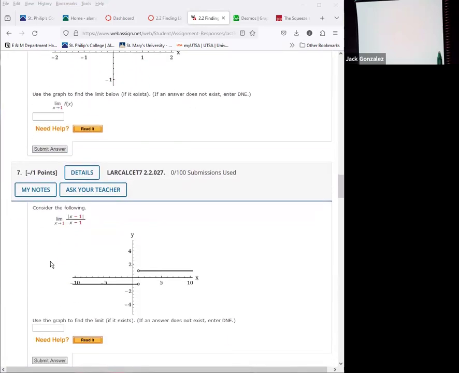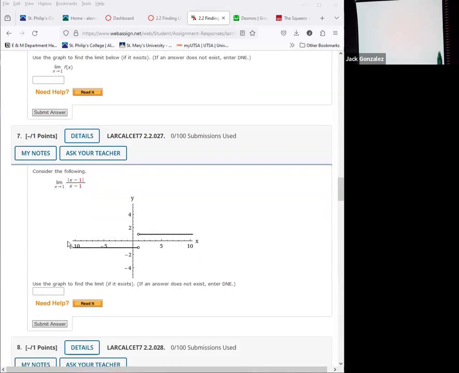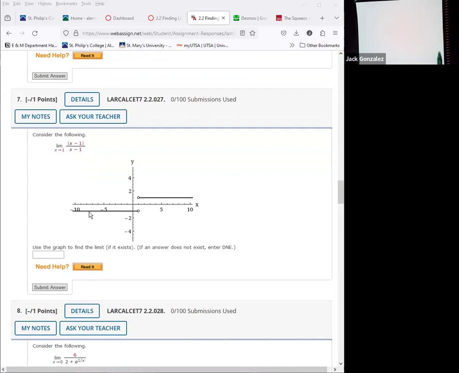All right, so you guys tell me on this one. What's the limit going to be? It's going to be 1. Let's see. Do we approach from the left? The 1 is right here for the x value. Approach from the right side is going to 1.